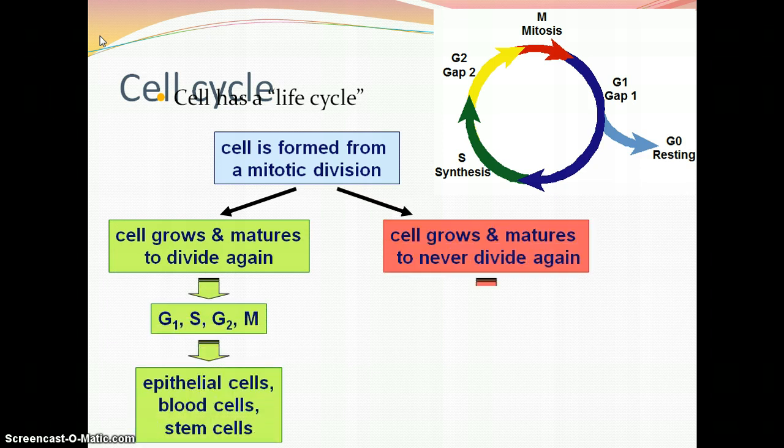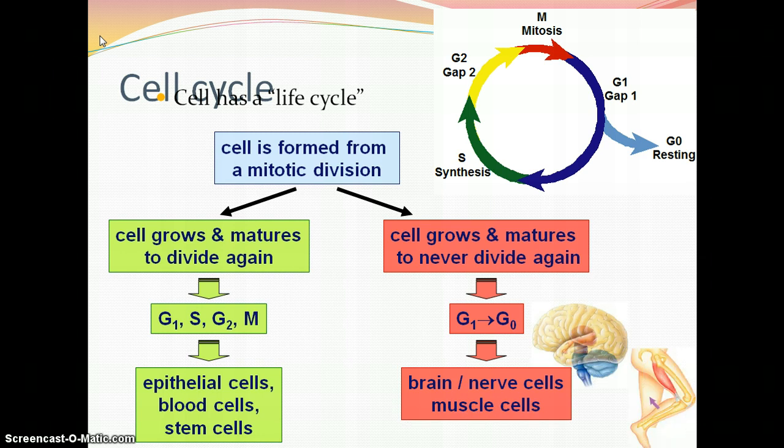Now what this is going to show here is that depending on the type of cell, the life cycle is going to actually vary within the cell. So when we talk about brain or nerve cells or muscle cells, they actually grow and mature, but they never divide again. So there's no reproduction of those cells.